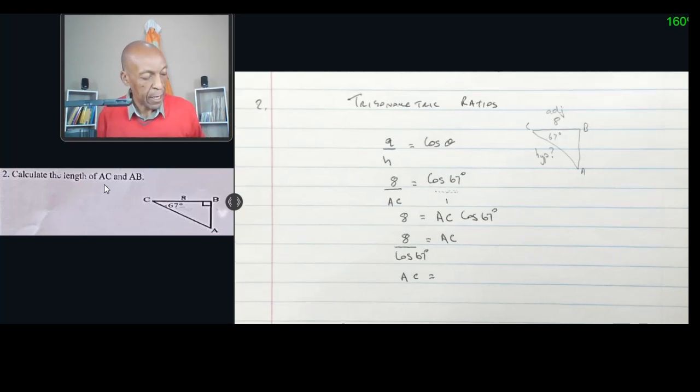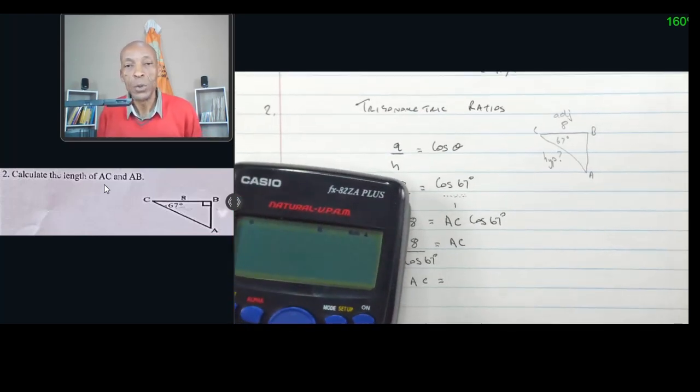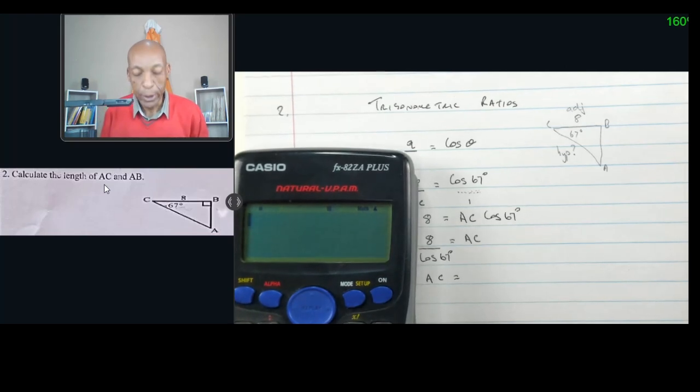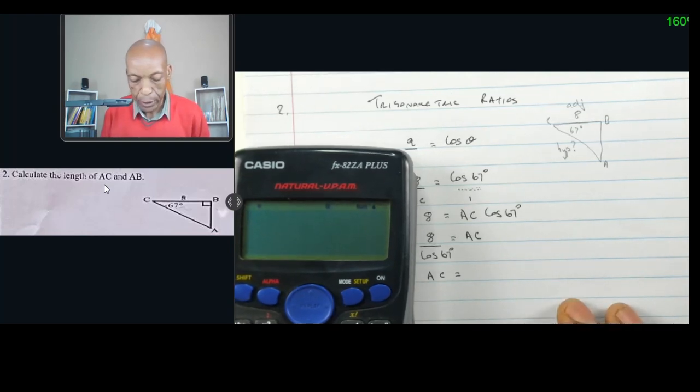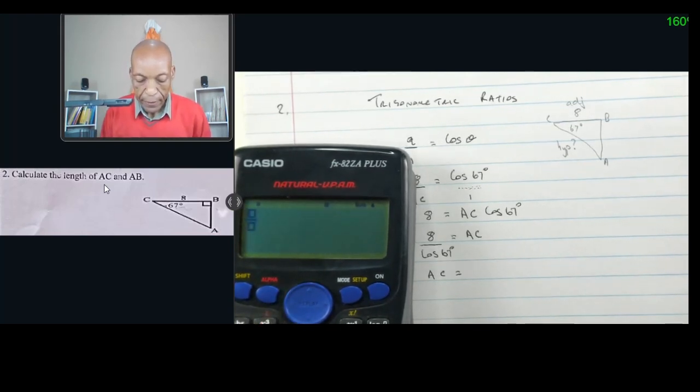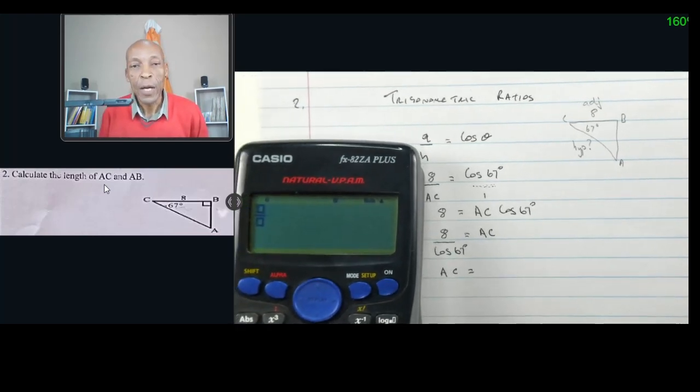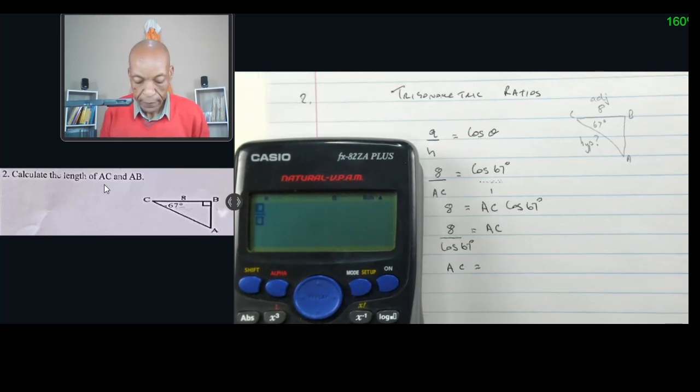Then everything else is our calculator. So we go for a fraction. That fraction, what does it have? What did I do there? Right, I have a fraction. Oh, I pressed the shift first. So I have a fraction, and in that fraction I have an 8 at the top, and then at the bottom, what do I have? I have a cos 67. And I must close that. Okay. Then I go equal.